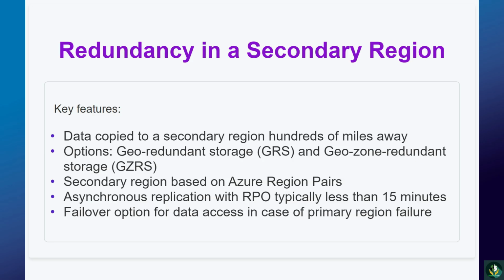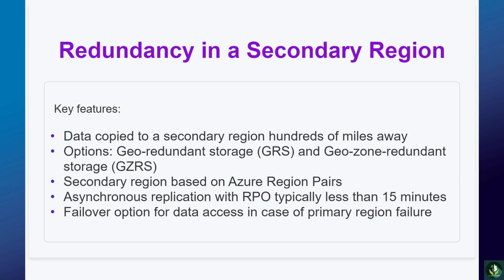This approach provides a safeguard against catastrophic events that might render data in the primary region unrecoverable. Azure Storage presents 2 robust options for extending your data protection to a secondary region: Geo-Redundant Storage, GRS, and Geo-Zone Redundant Storage, GZRS. These options offer different levels of redundancy and protection.